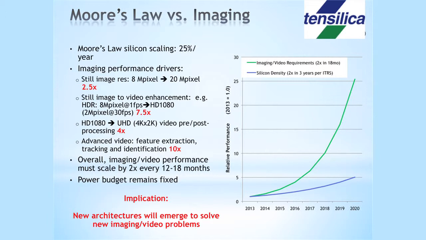So the implication is that there is a growing gap between whatever you could do in an architecture just by scaling it up, adding more cores, turning up the clock rate, and what you probably need to do if you're going to have a place at the table in imaging. And that means that there's going to be a lot of new architectures that come into the picture, and therefore the problems of porting to architectures are very much front and center.